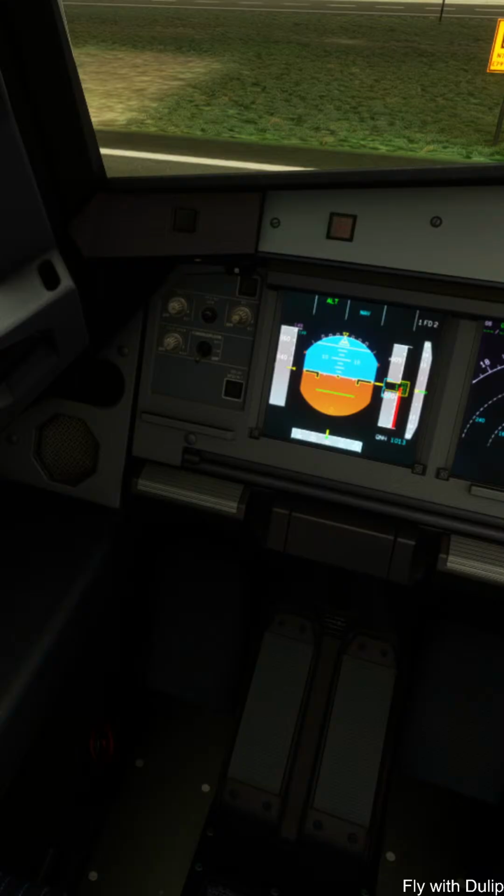Initial climb flight level 140, Sri Lankan 103.